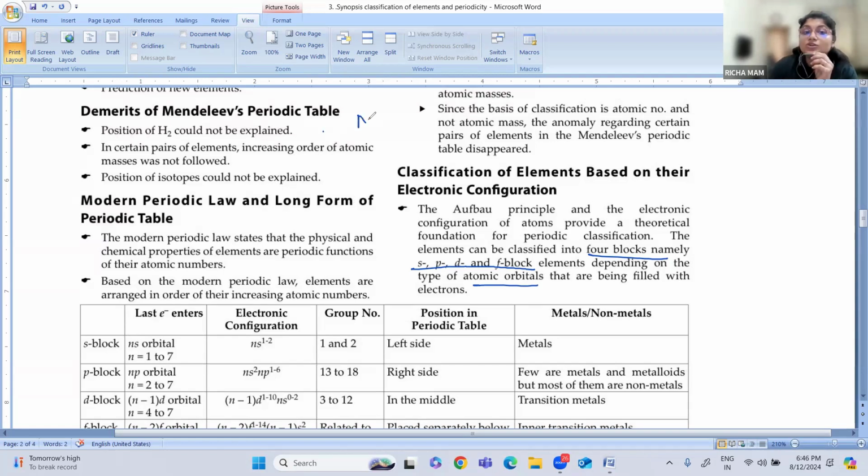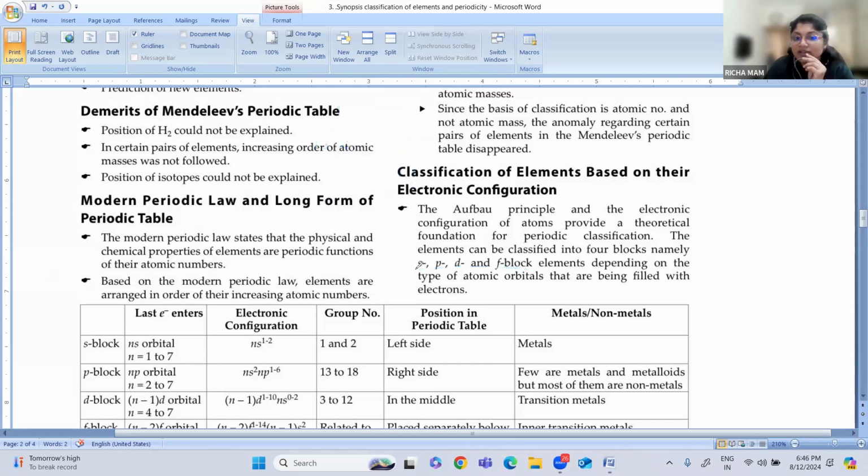Suppose sodium: it has 1s2, 2s2, 2p6, and 3s1. Then potassium falls in 4s1, like that. So the last electron, in whichever atomic orbital it falls, determines the group it is represented in.